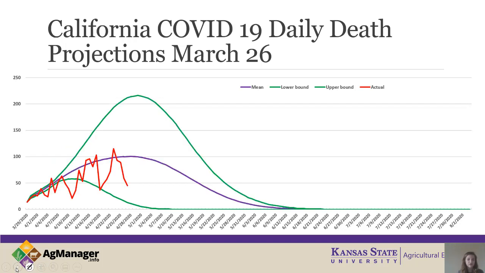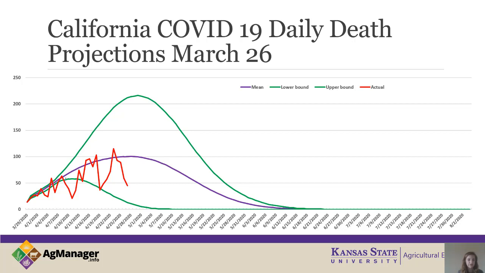Looking at California, California has been an interesting case in terms of deaths because, similar to New York, it is pretty densely populated, but we have not seen near the outbreak in California and the number of deaths that we've seen in New York. So as you can see, the upper and lower bound are pretty wide in the case of predicting what was going to happen in California.